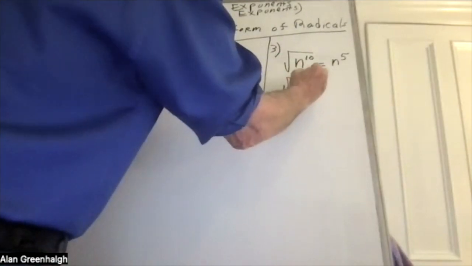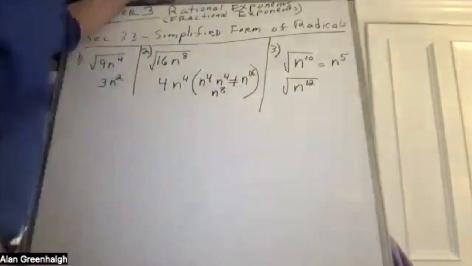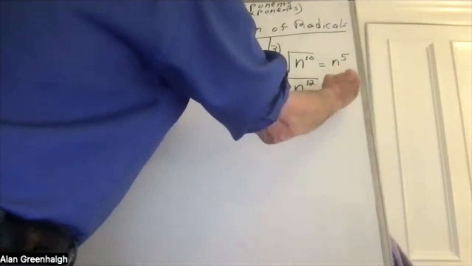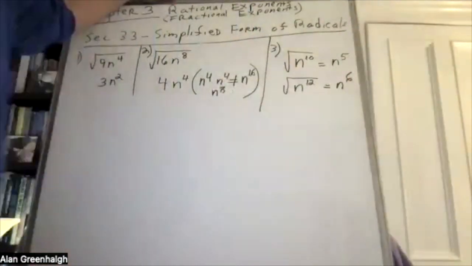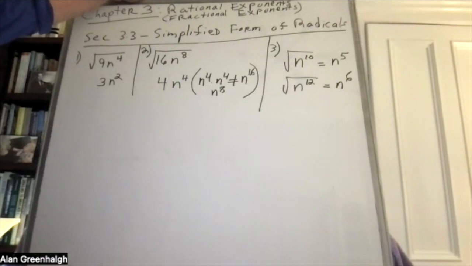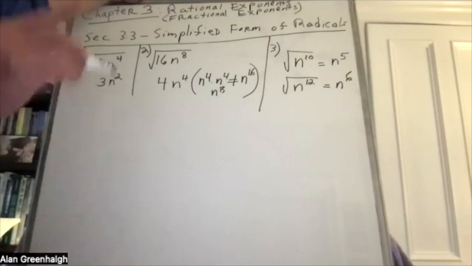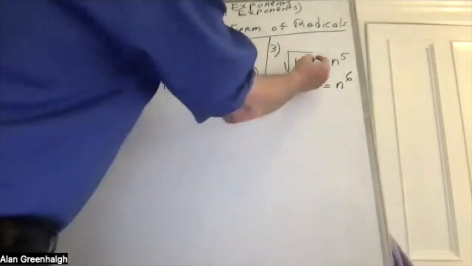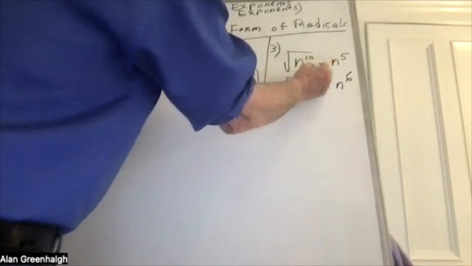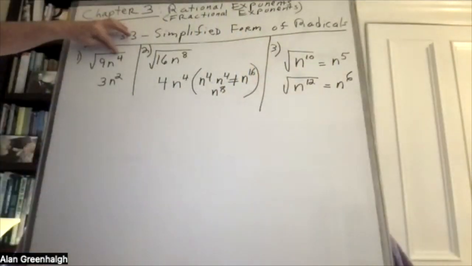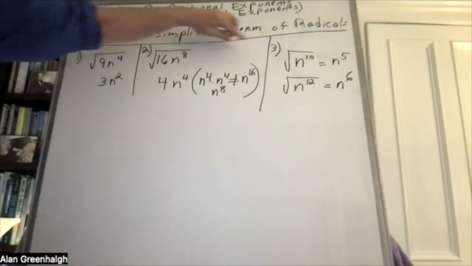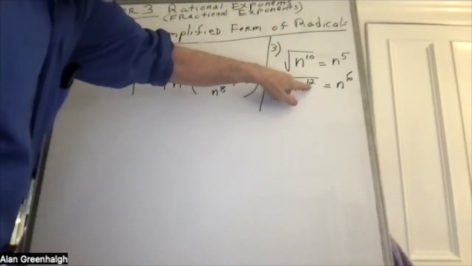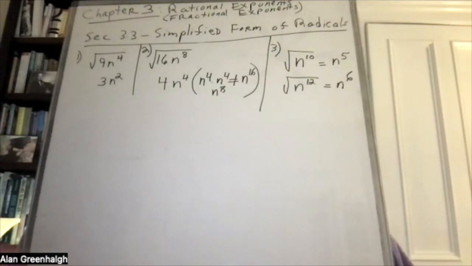N to the 12th will be equal to n to the 6th. Get it? Yes. So we're okay when the exponent is an even number. When the exponent is an even number, all you do is take half of the exponent.